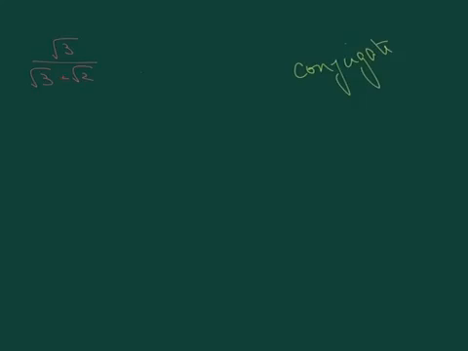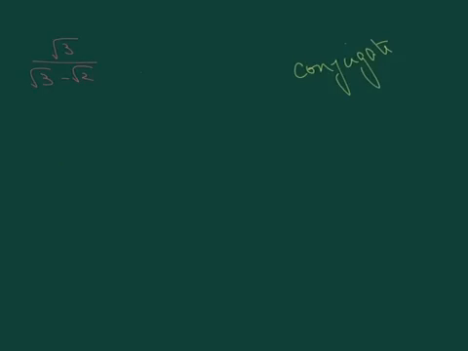And one of the things that we learned about conjugates, especially with radicals, is that it gets rid of the radicals. Okay, so before we just had one radical in the bottom, like the square root of 3 over the square root of 5, and then we multiplied by the square root of 5 over the square root of 5, right? To get rid of the radical on the bottom.